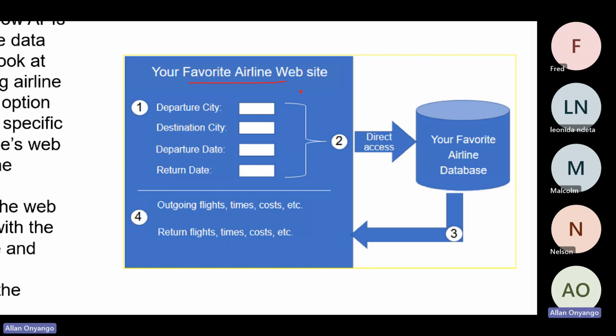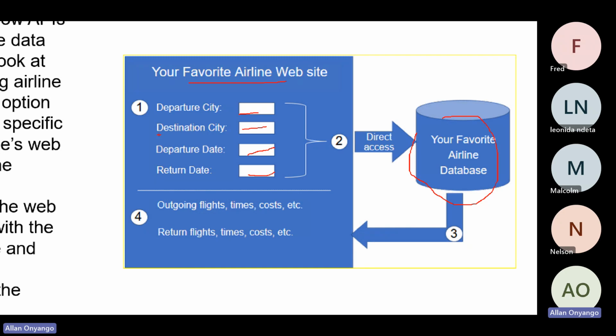Put your departure city, your destination city, departure date, and the return date here. And you go to this database for United Arab Emirates, right? And you realize what the prices are for the returning flight, what the times are, the cost of travel. And you're like, okay, let me make a comparison.